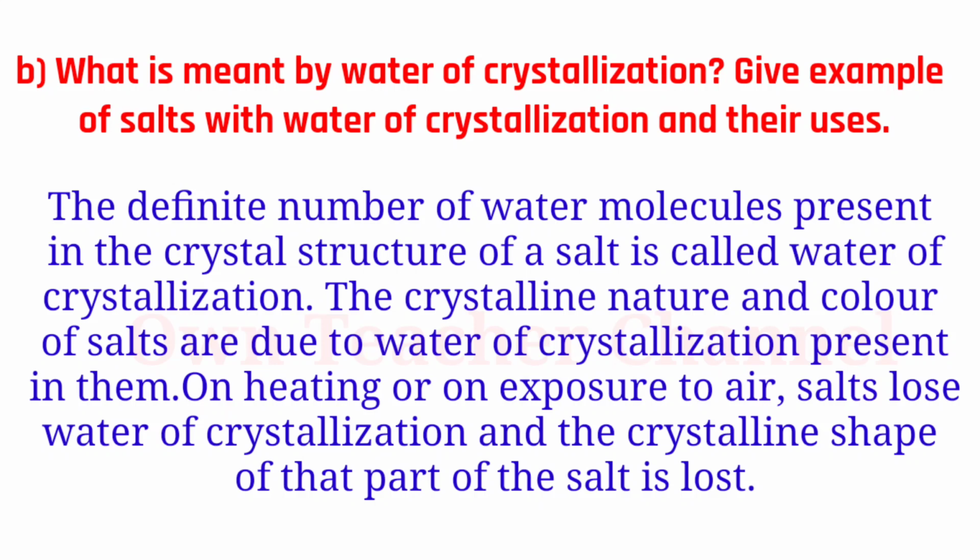The crystalline nature and color of salts are due to water of crystallization present in them. On heating or on exposure to air, salts lose water of crystallization and the crystalline shape of that part of the salt is lost.